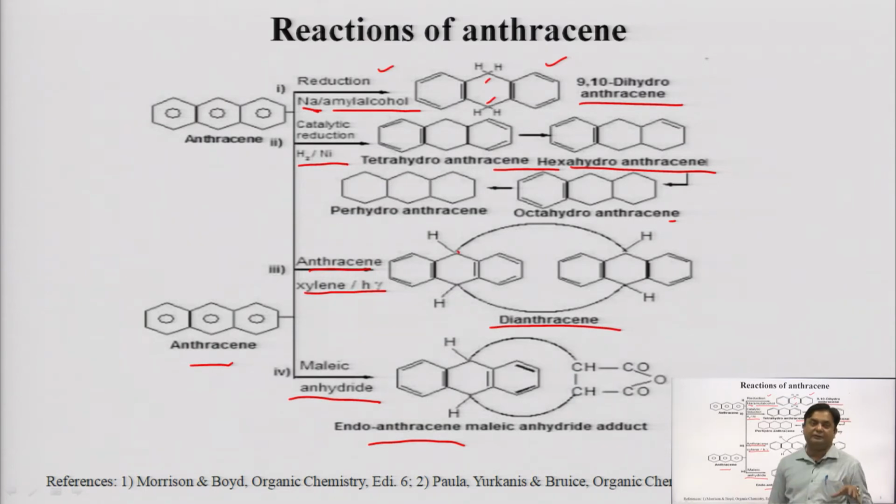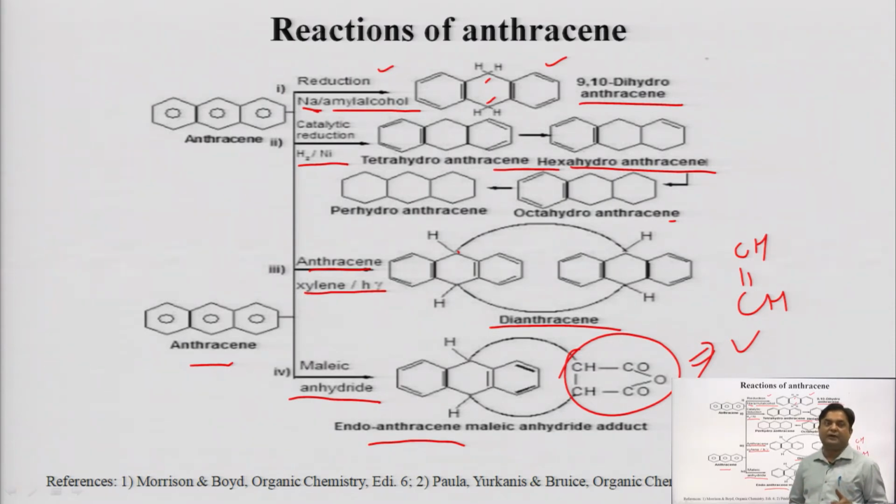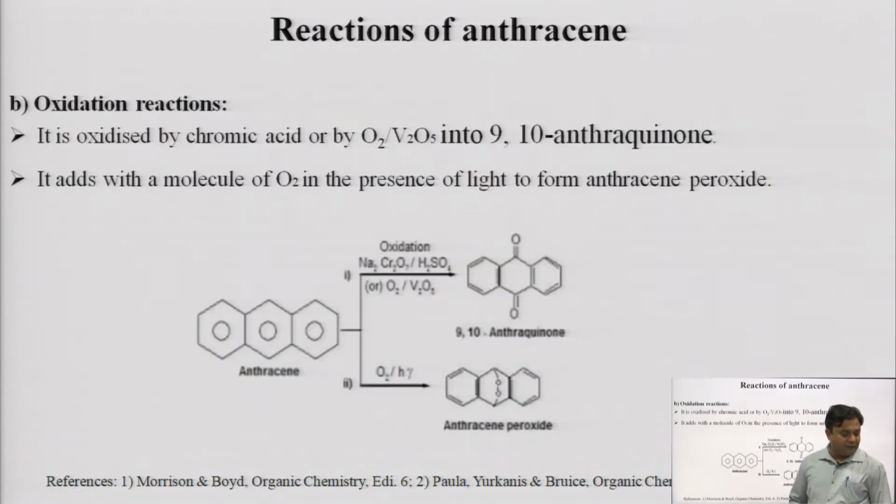This is clearly an example of the Diels-Alder reaction. This is the molecule of maleic anhydride which is added to anthracene. It has a double bond, so it acts as a dienophile, while the anthracene molecule acts as a diene. When a dienophile reacts with a diene, it gives the adduct as per the Diels-Alder reaction.